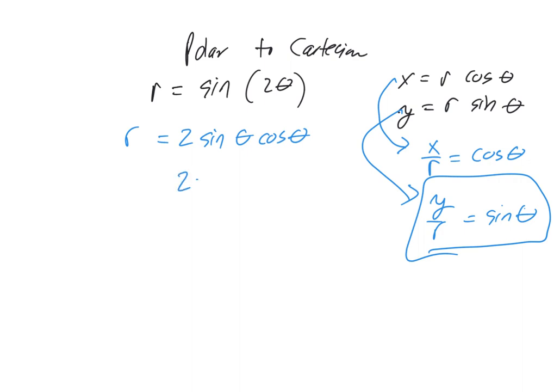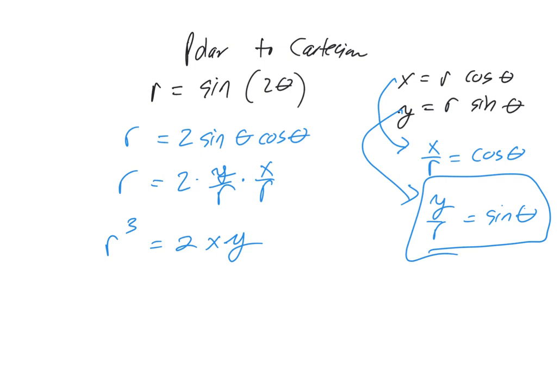So this would be 2 times, and my sine theta is y over r, and my cosine theta is x over r, and then this equals r. I can then have r cubed equals 2xy.